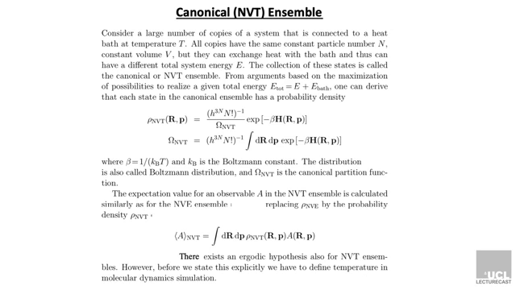And so you can show from arguments based on the maximization of possibilities to realize that for a given energy E total of the system, so this is the energy of the system that's connected with the heat bath, each state in that canonical ensemble has a probability density that's given by that equation here, where the probability density at a given phase point R and P in the NVT ensemble is proportional to e to the minus beta of your Hamiltonian.